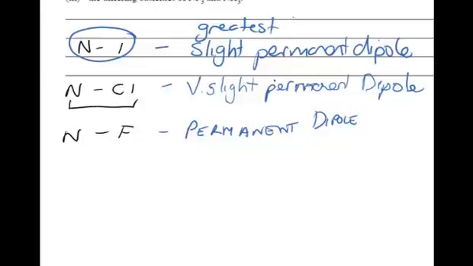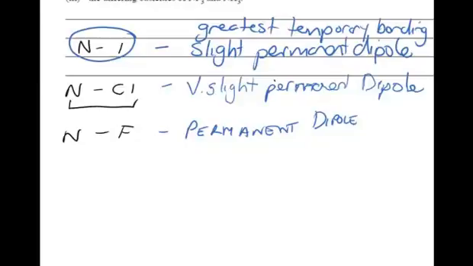So not only does it have a slight permanent dipole, it's also got the possibility of having the greatest temporary dipole bonding. Nitrogen with chlorine has a very slight permanent dipole, but it's going to have greater temporary dipole bonding than fluorine simply because it's got a bigger molar mass.